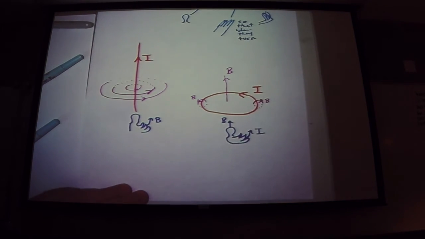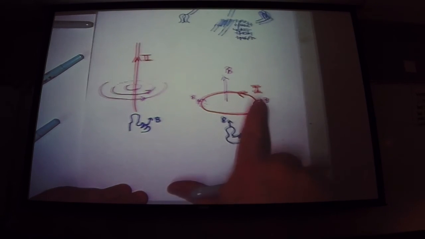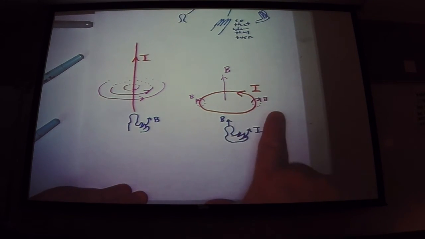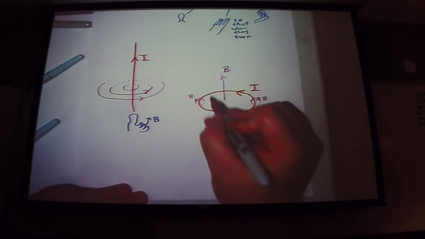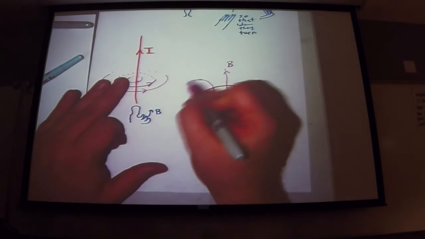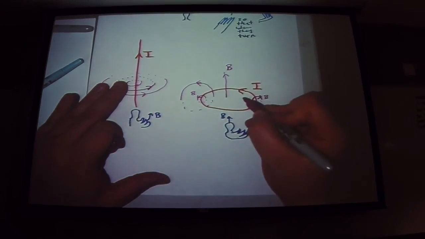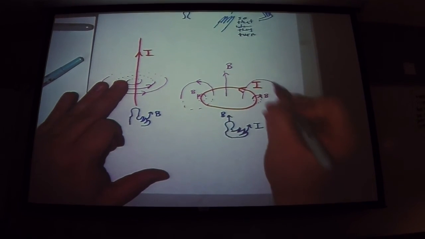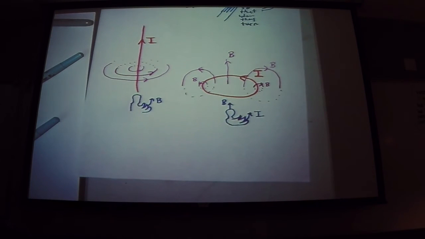But notice you do get that from here. Because when you get to the inside of the loop, it's going up, outside it goes back down. So this is what it really looks like. So those are the main right-hand rules that you're using.